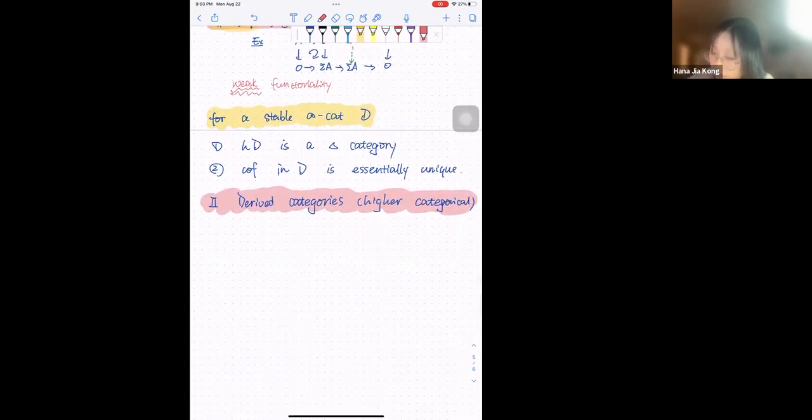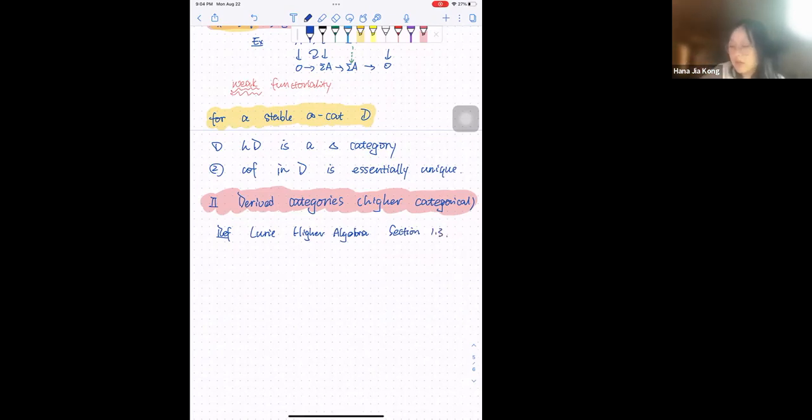And the reference for this is Lurie's. I'm using Lurie's Higher Algebra, and these things are in section 1.3.